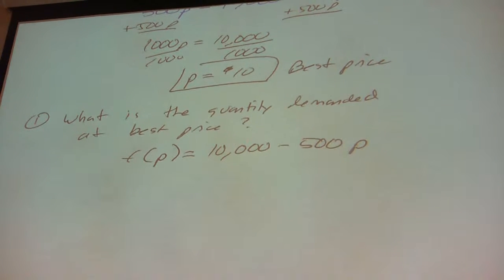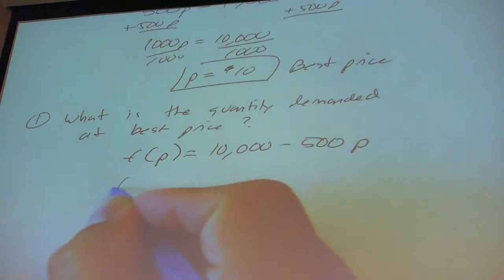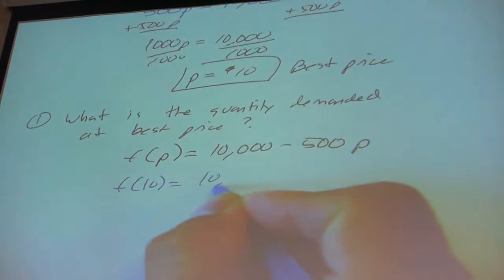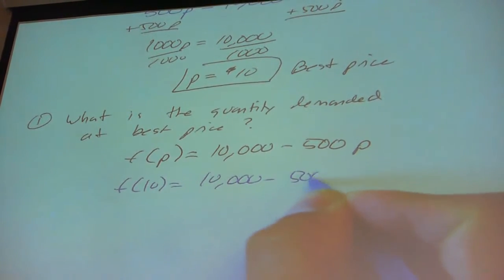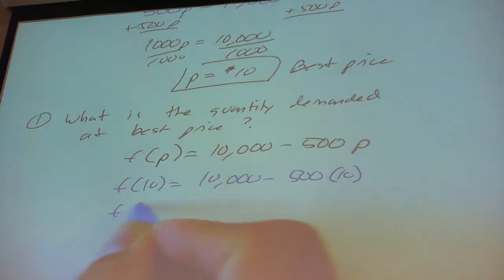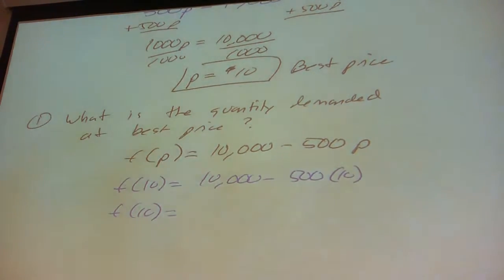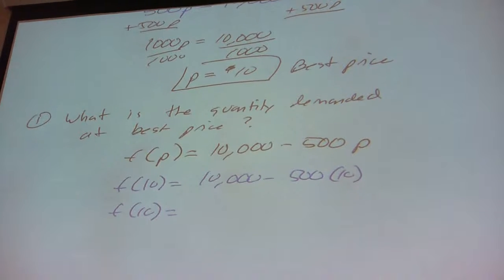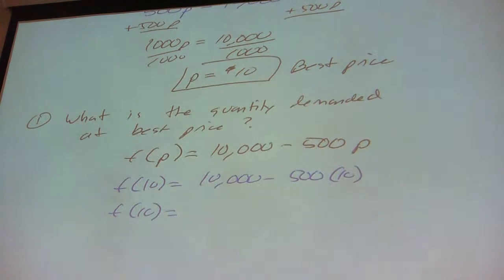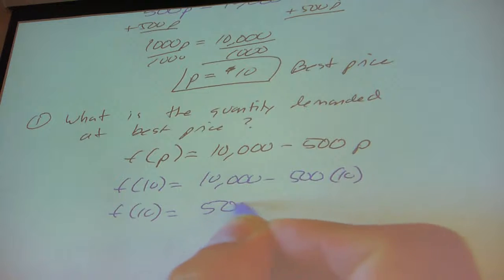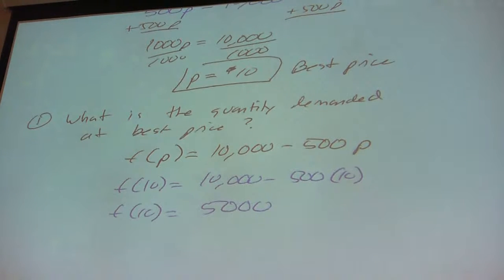And what's the best price? 10. So now I can plug in 10. And how many will you sell? 5,000. We didn't talk about what this is. 5,000 stuff. We'll do a better word problem next time.